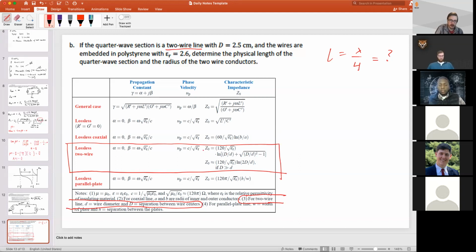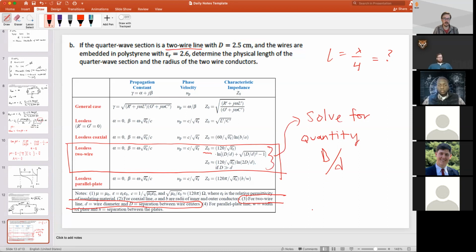So once you've determined the characteristic impedance of the line, you can design this. You can solve this equation, and once you've solved for this quantity, big D over little d, you can plug in the big D to find the small d.